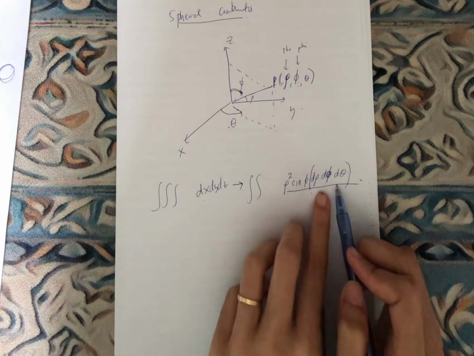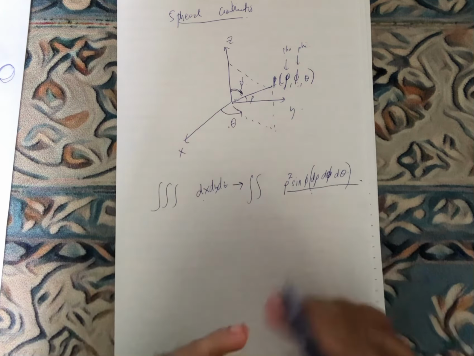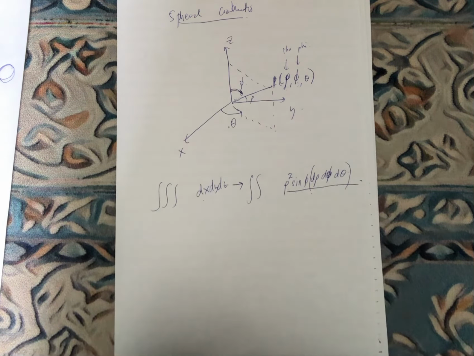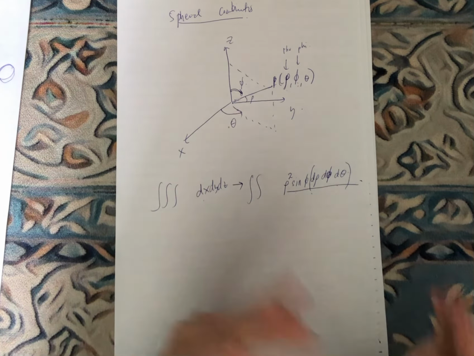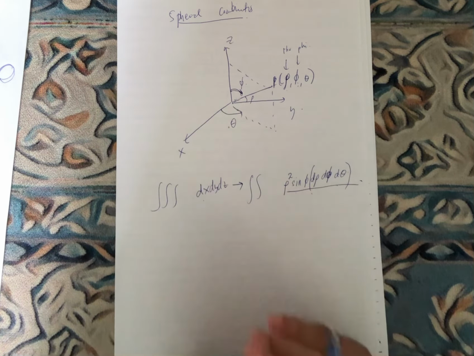So this is the intro for cylindrical coordinates and also for spherical coordinates, and the variables that exist for both. Later in the next video I will give you an example and show you how to answer it.